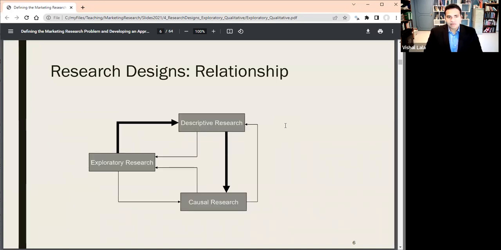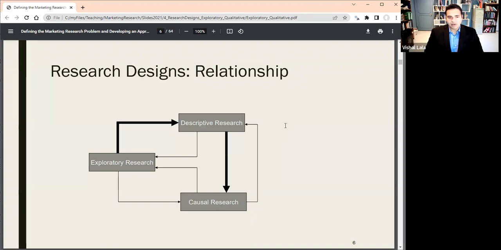The order of the research designs to be followed isn't exactly linear. Often people think about there being a linear path from exploratory to descriptive to causal. But in a research process, one doesn't have to conduct or examine all 3 research designs. One might make a choice to go with just one of the 3 research designs and be done with it.